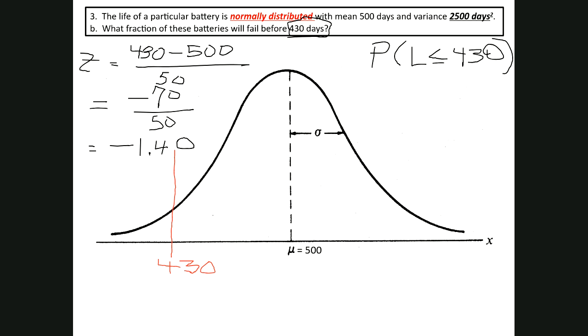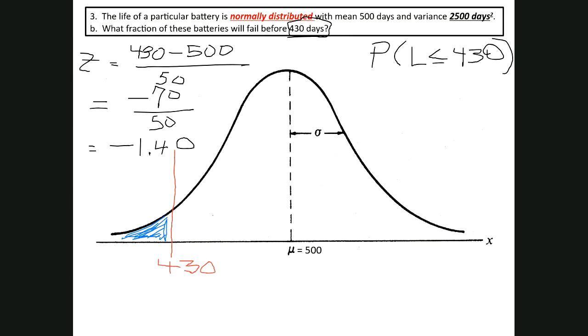All right, now before we go to the table, let's remember this is the area to the left, less than 430, that we want to calculate. Let's think about this before we go to the table, because first of all, it only has positive values.